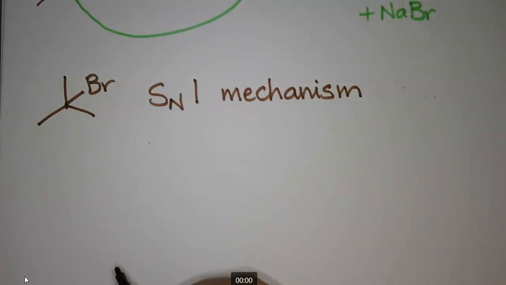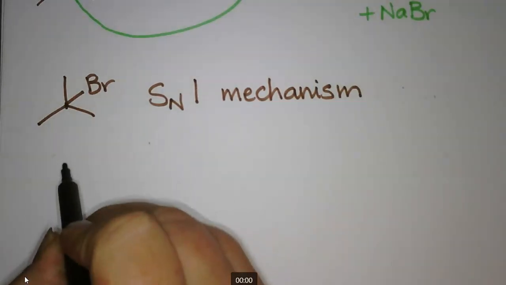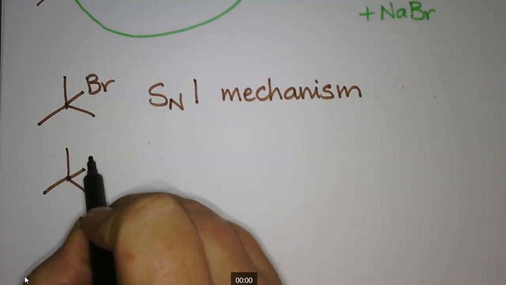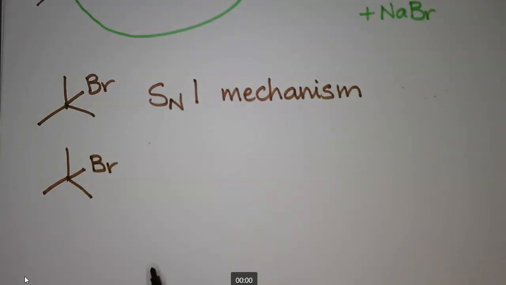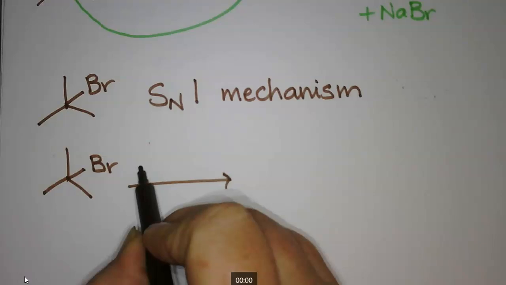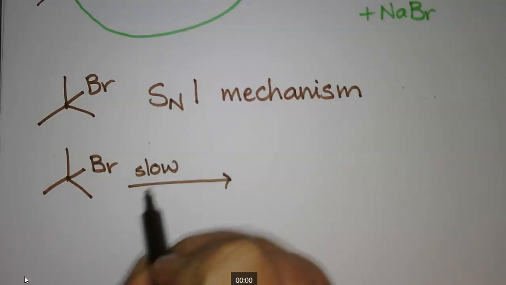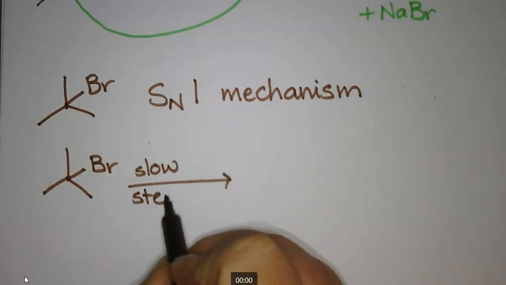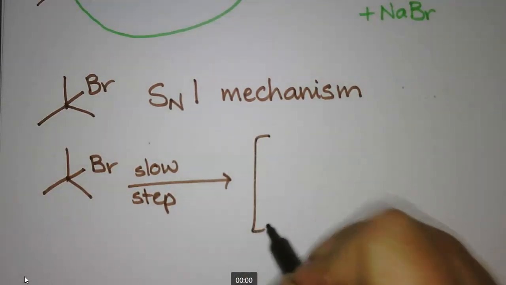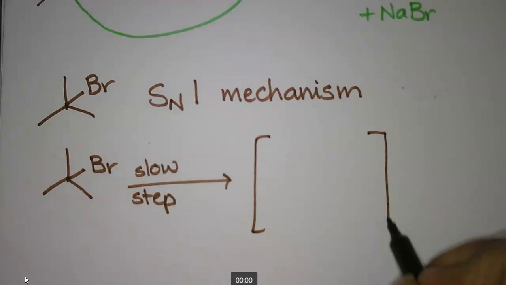Well, what does that look like? You probably already guessed it. With the SN1 mechanism, there is only one molecule involved in the slow step, and that molecule is the alkyl halide, and so we get, are you guessing?